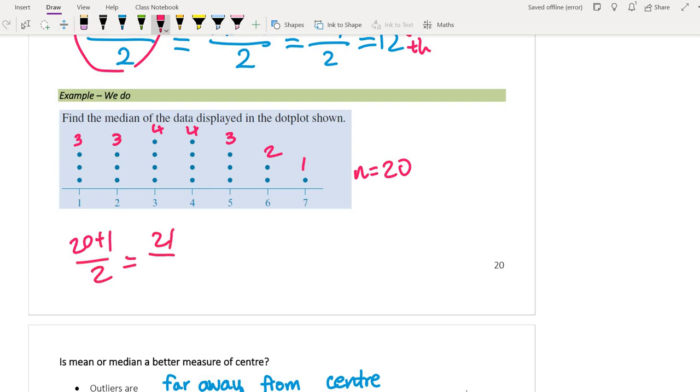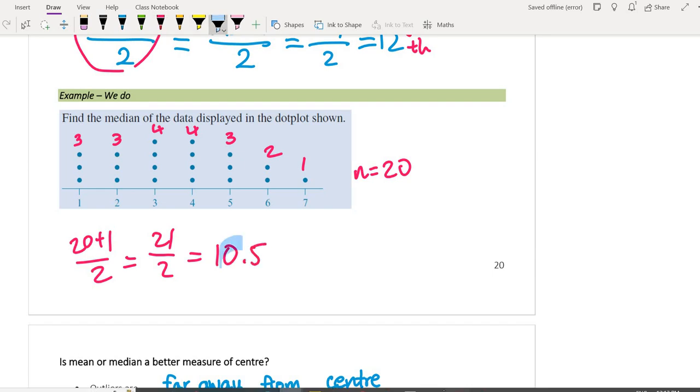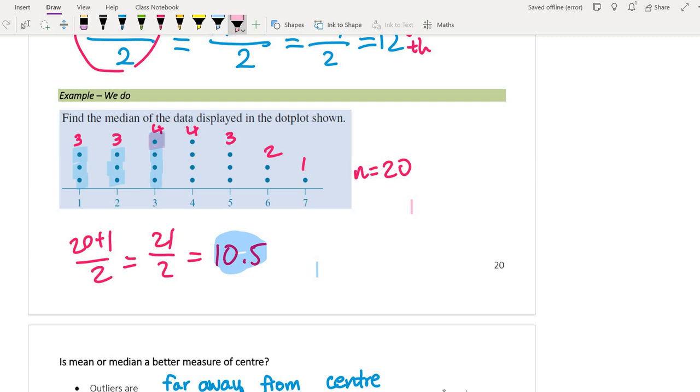That's 21 divided by 2, so 10.5, meaning your median is in that position. So you need to go 1, 2, 3, 4, 5, 6, 7, 8, 9, 10. And then you also need to look at the 11th number, because 10.5 is between 10 and 11.